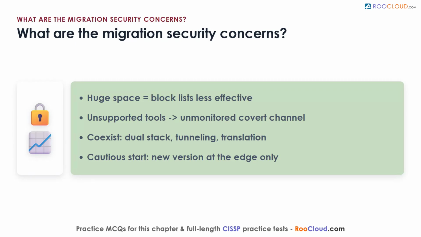Both versions can coexist through a few methods, running both stacks at once, tunneling one inside the other, or translating between them. And a cautious organization can start at the edge, supporting the new version only on internet-facing devices. Upgrade your visibility before you flip the switch.